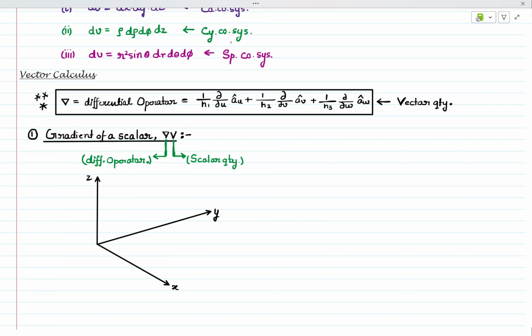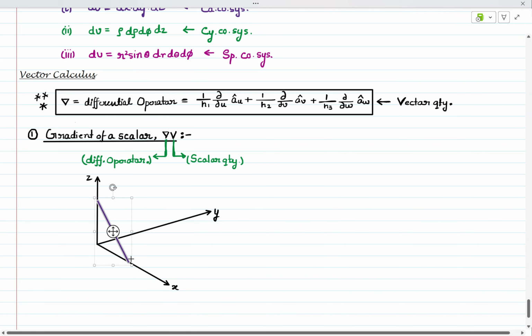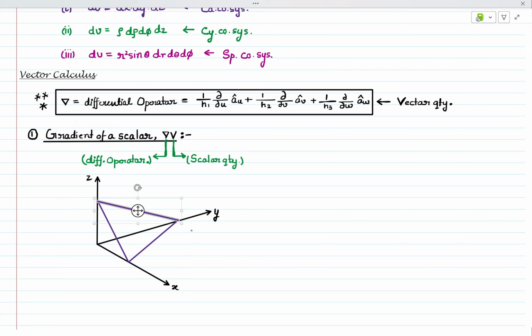Inside this three-dimensional space there is a plane or surface.